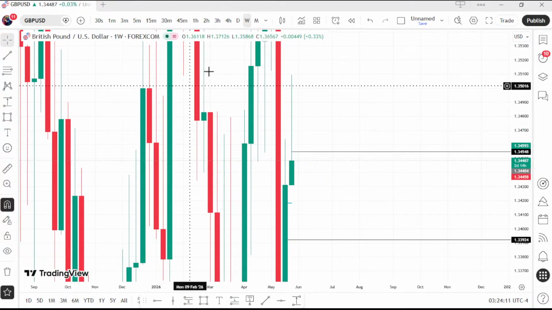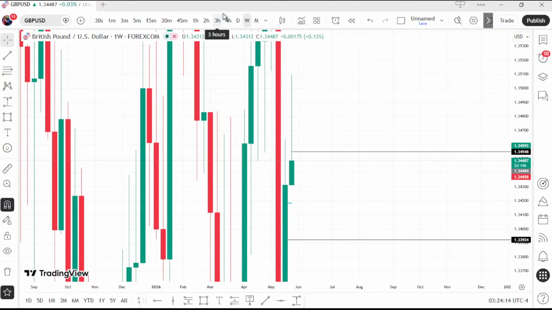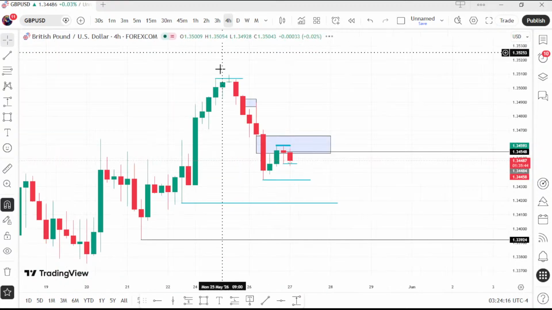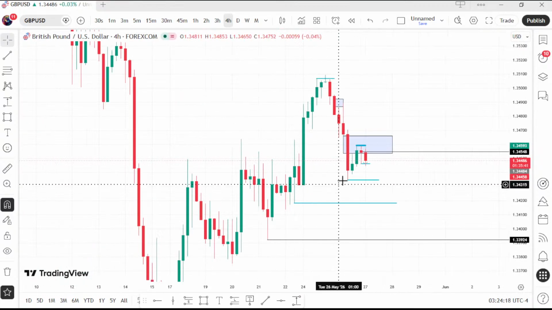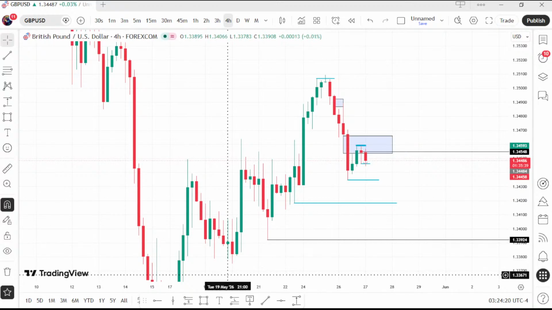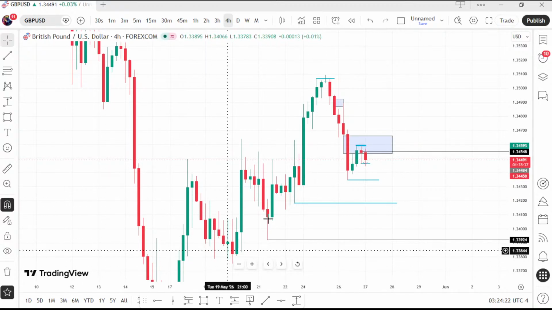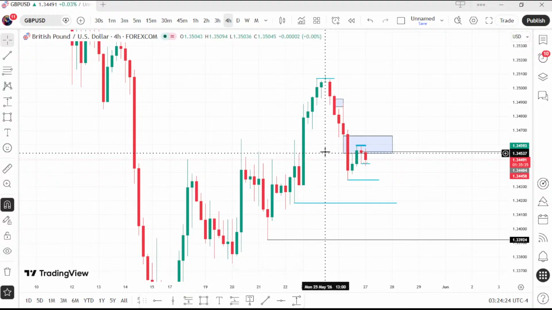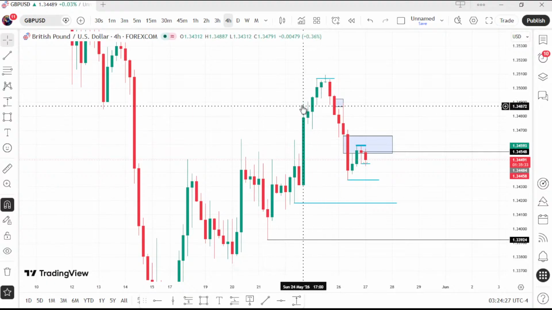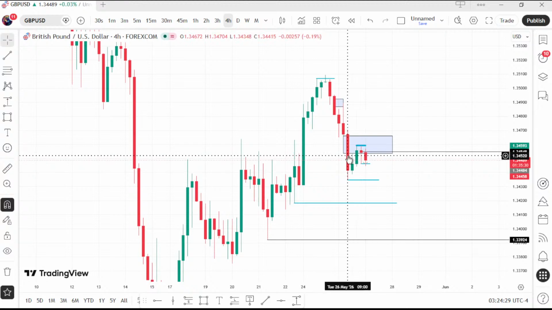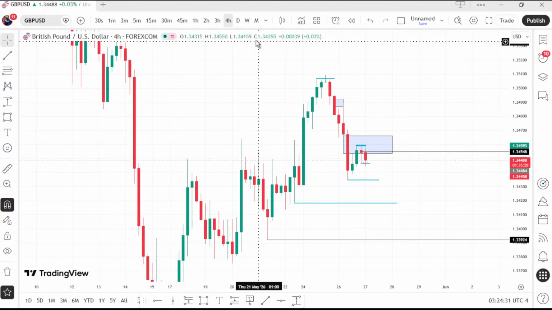No. Let it take me out. I think these are more sell side liquidities here. So a fair value gap, reaching on to the first fair value gap, market structure shift, fair value gap.